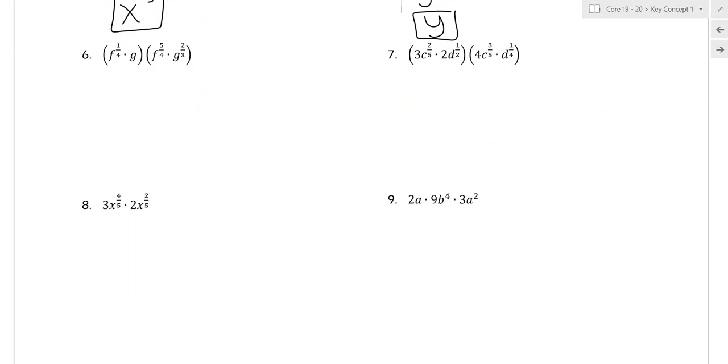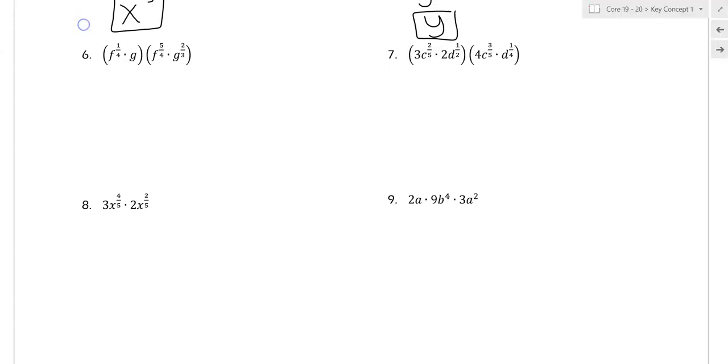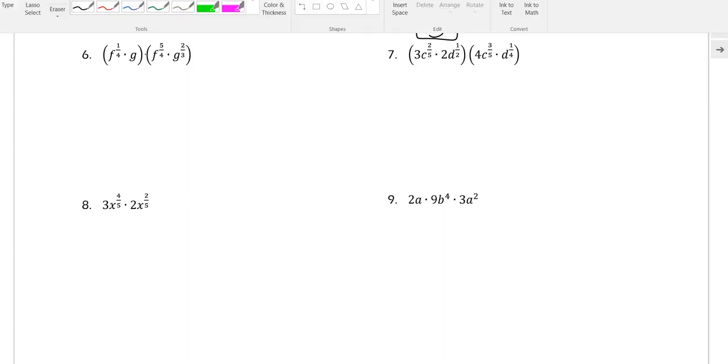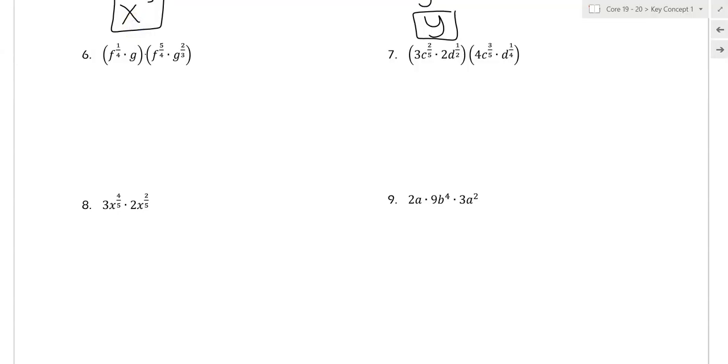F to the 1/4 times g, and then f to the 5/4 times g to the 2/3. Again, remember, there is also multiplication here. Parentheses also mean multiplication. So I'm looking for my same bases. I have an f here and an f here.